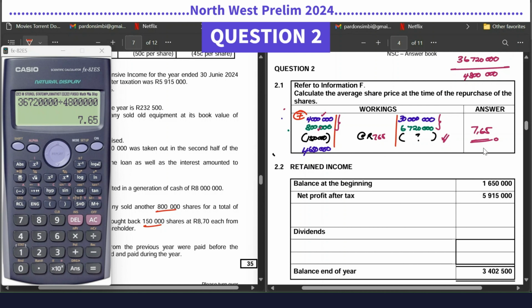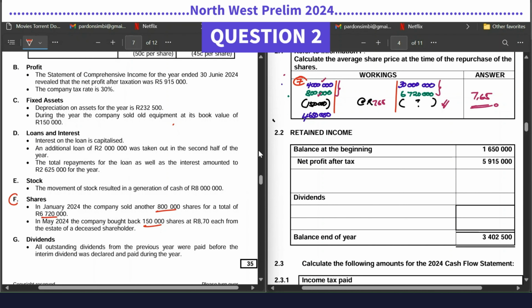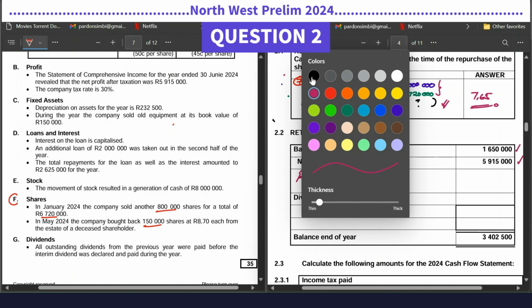Okay, let's come and see now what is happening. Retained income. The examiner gives us the balance at the beginning, and then the net profit after tax. We know the next thing that's going to come is the repurchase of shares. Let me open my bracket. On the repurchase of shares, I know the number of shares that the company bought back is 150,000.